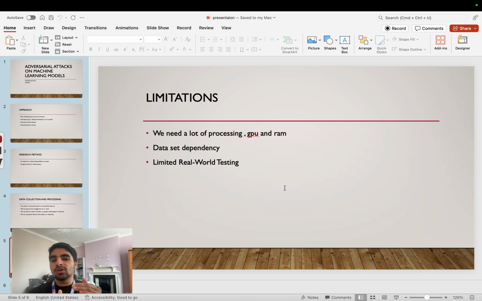Another limitation is that we are dependent on the dataset, which is not our own, and we have limited real world testing. This field is rapidly evolving and new types of attacks are coming in, but we can only simulate those attacks which are already available in those libraries. So real world testing is limited, while new ways of attacking these models are coming in rapidly.